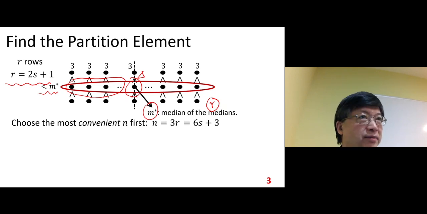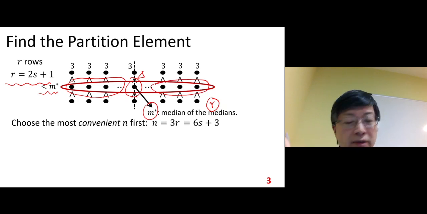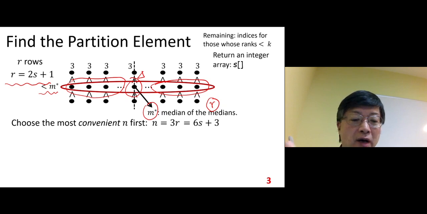How can we do that? You may ask me a question: how can we do that? That is important, but why can we do that? Similarly, all the elements that are greater than M star are at the right-hand side.